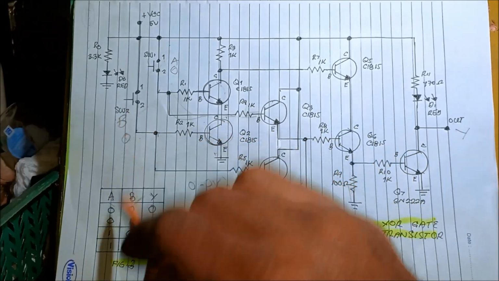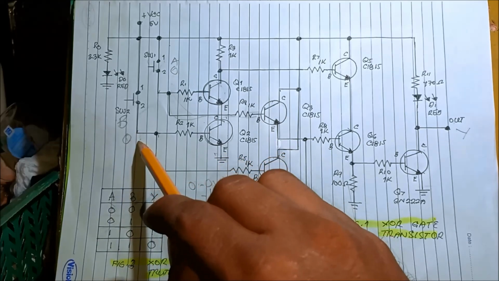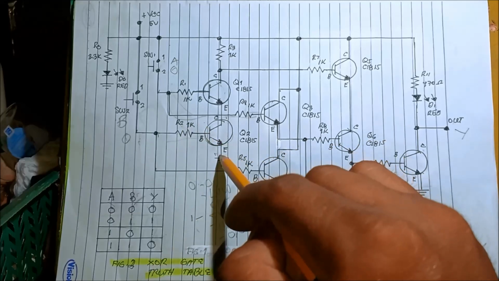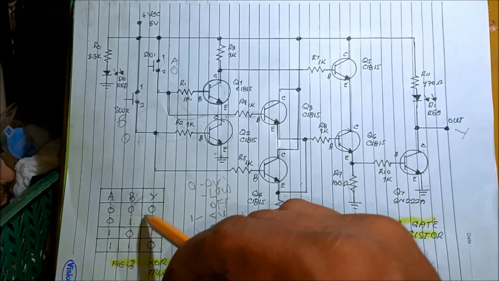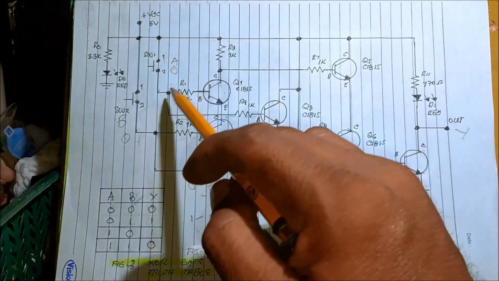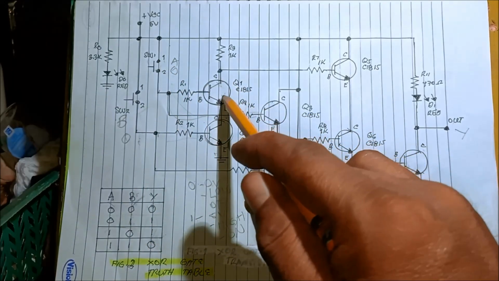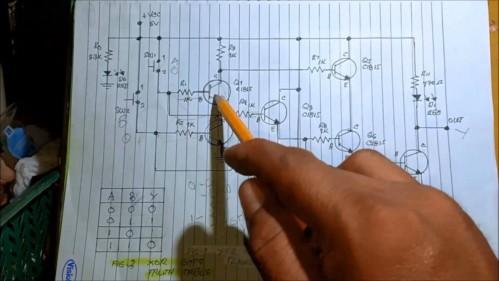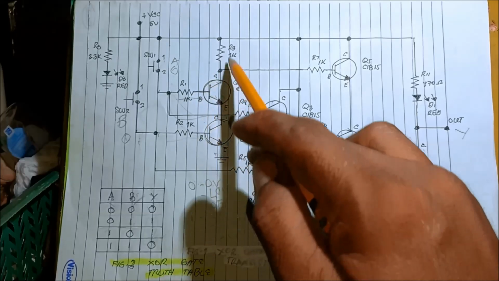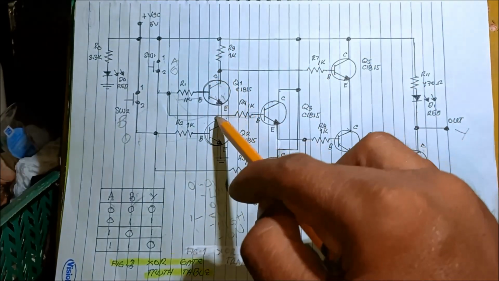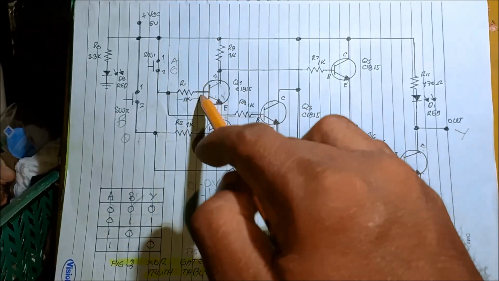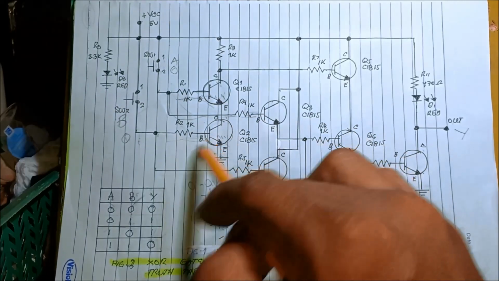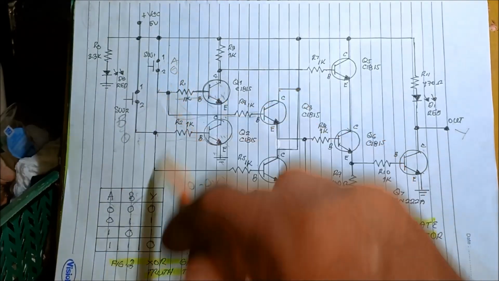And switch B is grounded through R2. So the output is 0. Without pressing the button, this transistor is off because there's no base current or triggering current. The current will not flow from collector to emitter to ground. Also, this transistor is off when we have this 0 0 input.